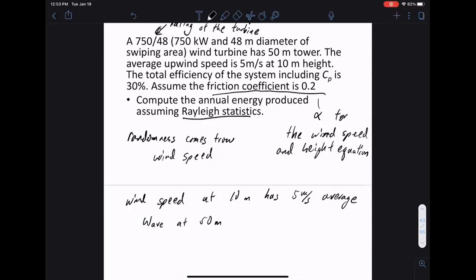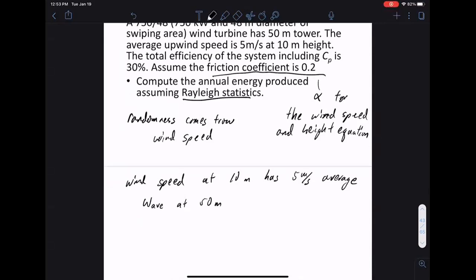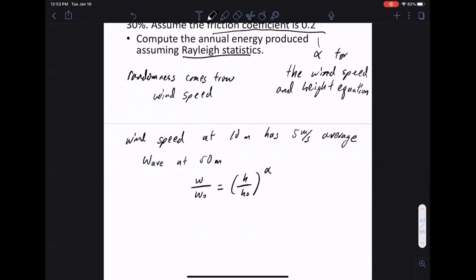So our equation we use is, if you recall, at the reference, this sort of equation, right? As you scale higher and higher, your wind speed gets scaled through a power law with a coefficient alpha. So here we have the average speed.